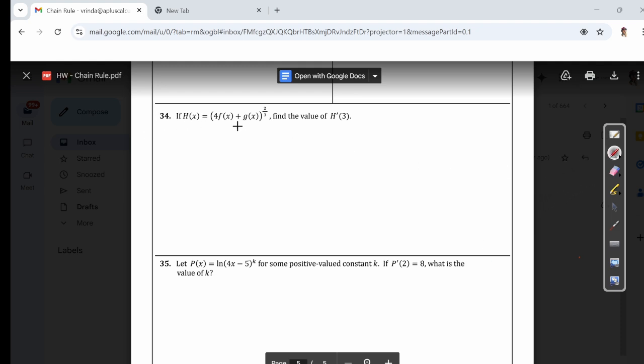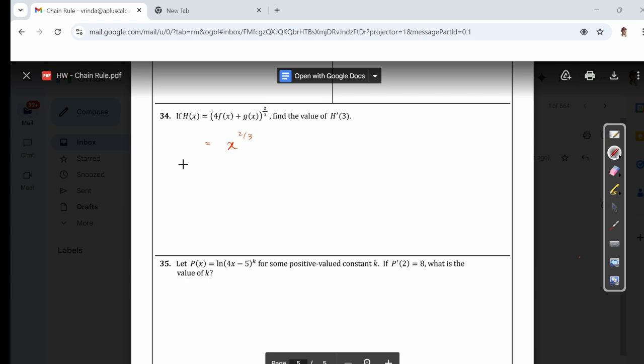Okay, Anika, so this is again composition happening here. So think of it like, if you have x raised to 2 over 3, how will we differentiate x raised to 2 over 3?